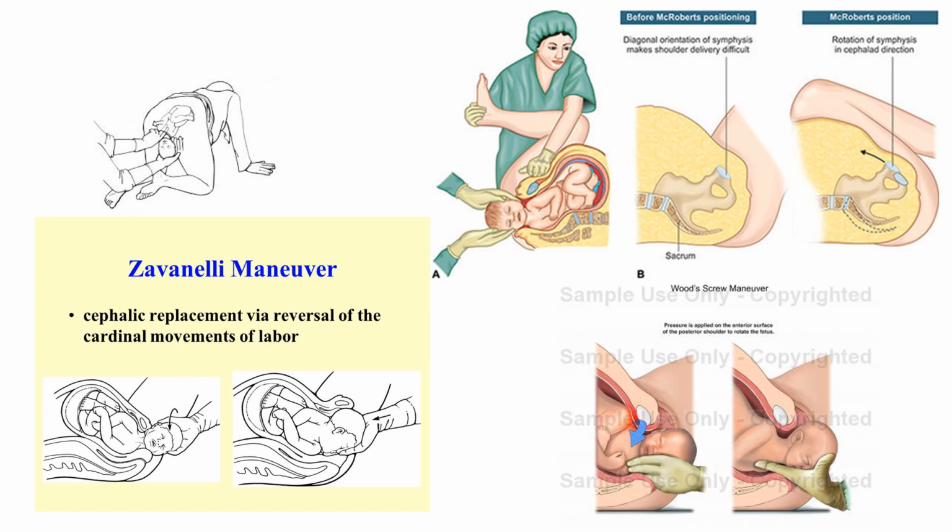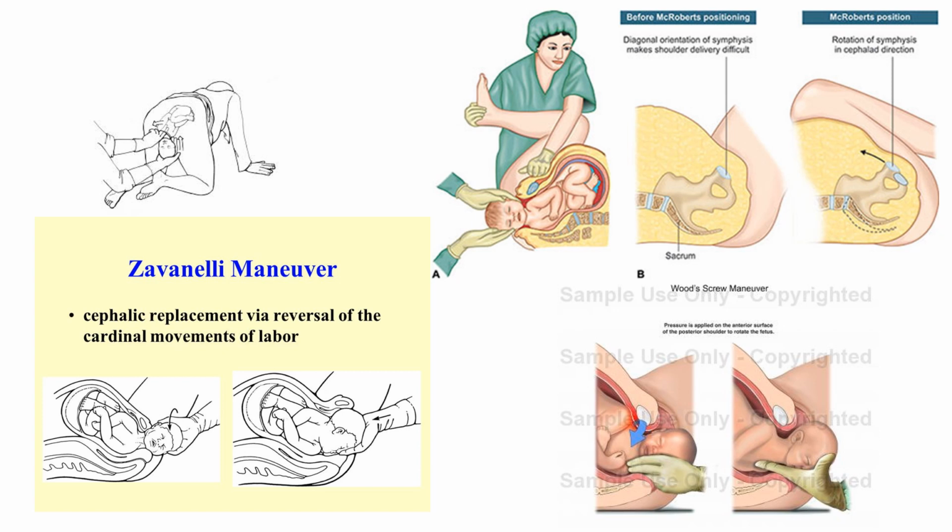Now, what do we do if this doesn't work? So we're doing the McRoberts and the suprapubic after the provider tells us to. The provider is doing other maneuvers, which are listed down on the bottom right. There's a Woods maneuver, corkscrew, all sorts of different things, just trying to get that shoulder to release.